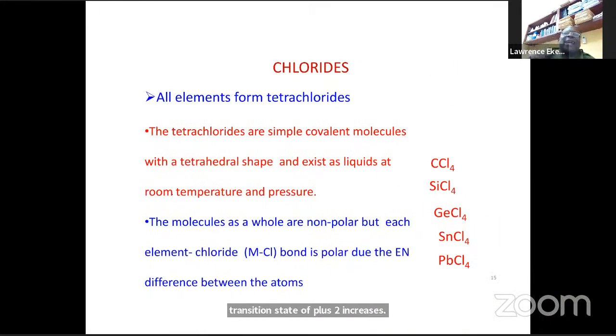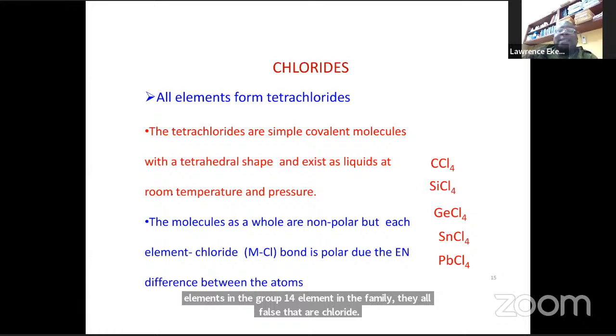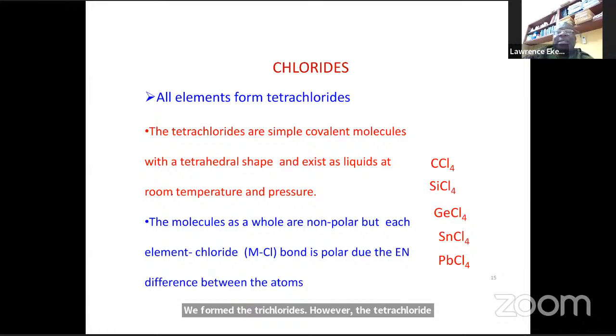Now, all the elements in group 14 form tetrachlorides. However, the tetrachloride of carbon is more stable. The tetrachlorides are simple covalent molecules bonded together by covalent bonds.